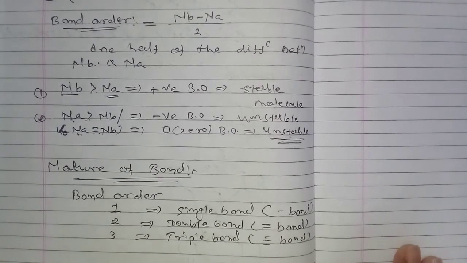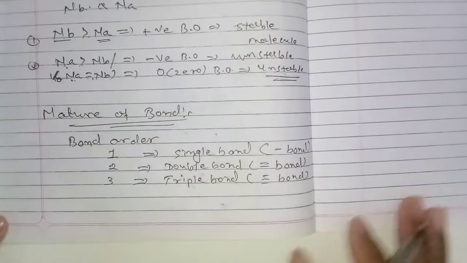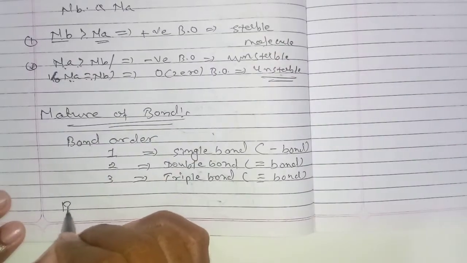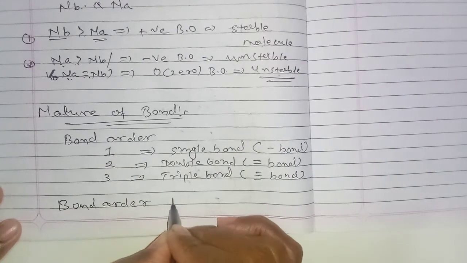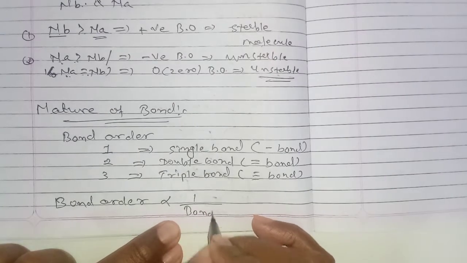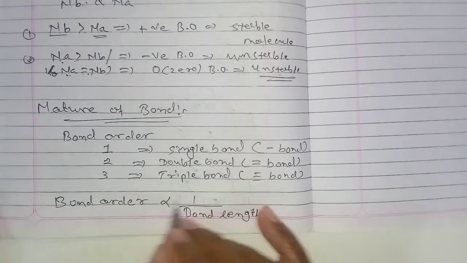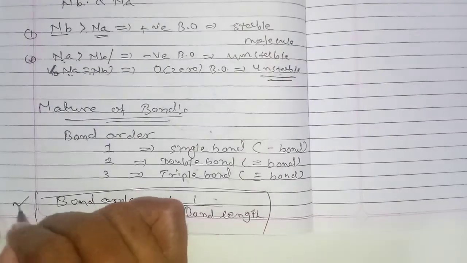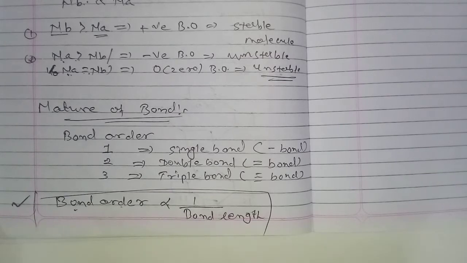Now the relation between bond order and bond length: bond order is inversely proportional to bond length.